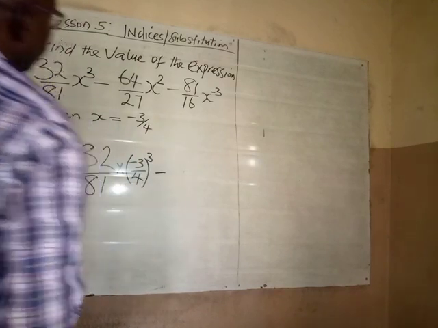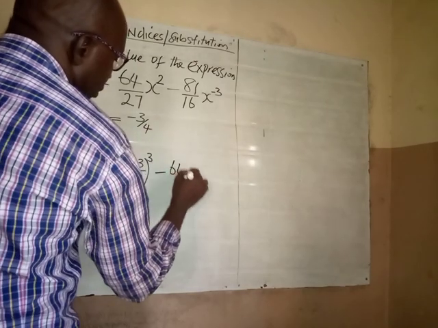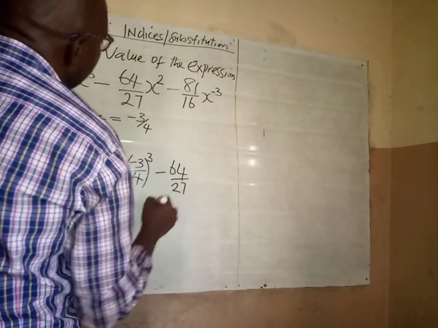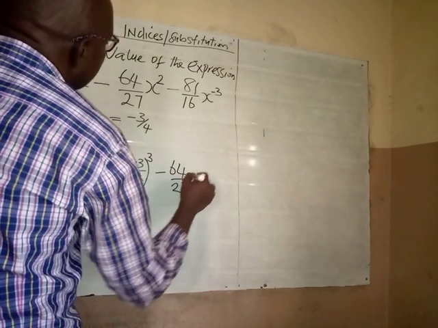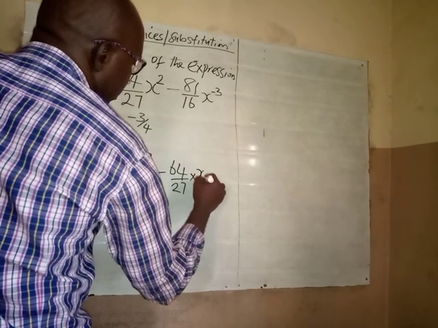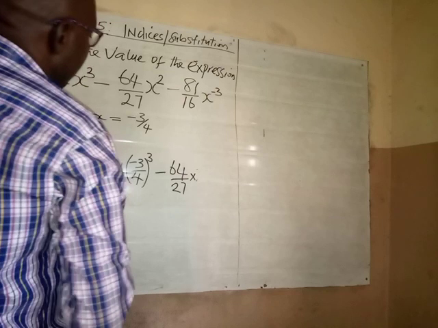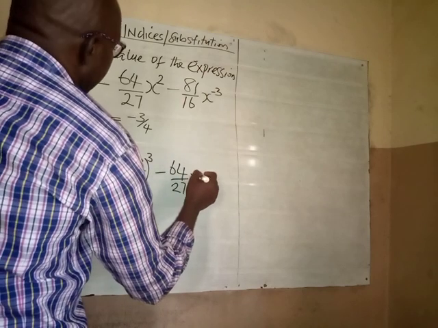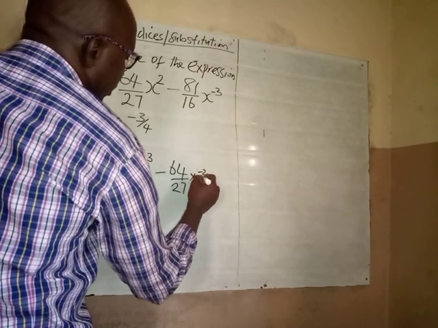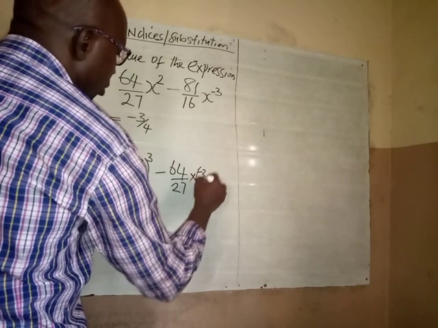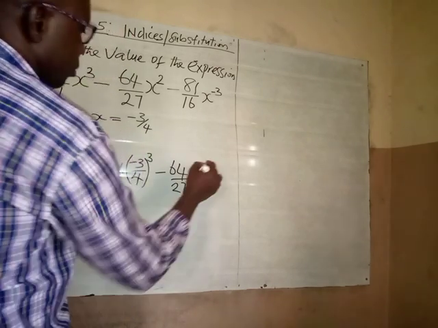Then minus 64 over 27 times s raised to power 2, where s is known, minus 3 over 4, all raised to power 2.